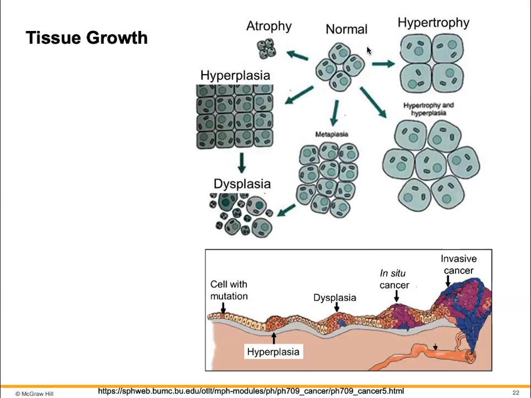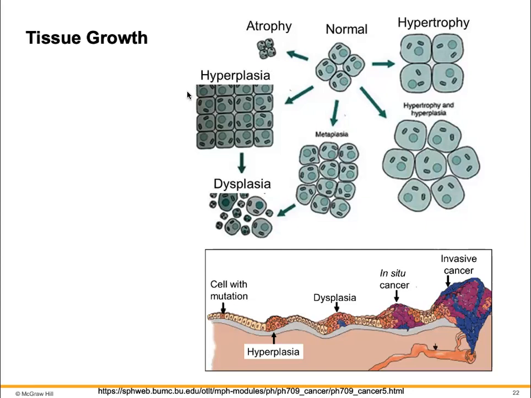So this image right in the middle here is of 4 normal cells, and when we use the terminology for tissue growth, it can deal with increasing the number of cells that you have or increasing the size of the existing cells.